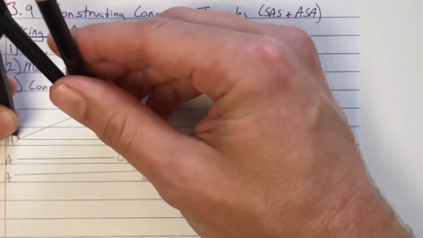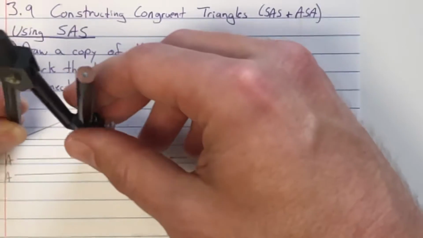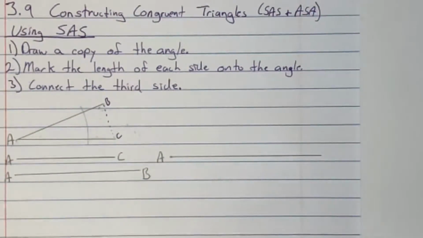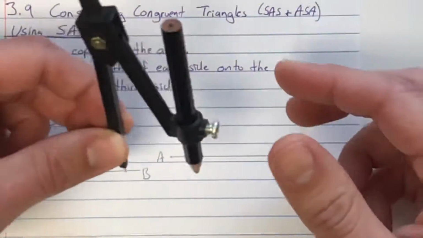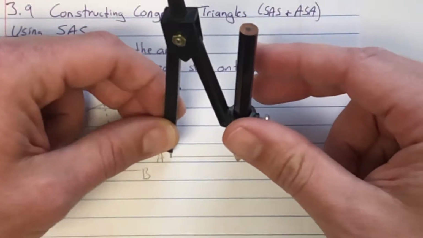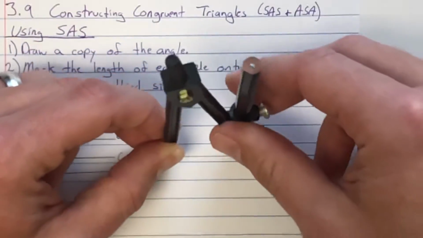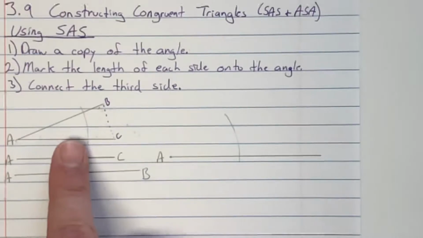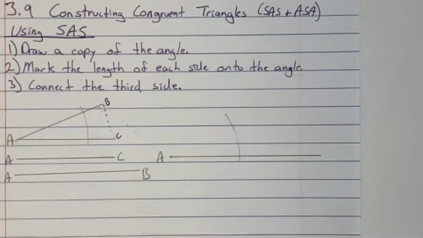What that means is you put the compass point here and you draw there. Now I'm going to do the same thing on the vertex of the angle that I'm going to be working with, like this. I can eyeball it just to make sure it's roughly the same length. I made it a little longer on purpose so I can make sure I replicate this perfectly.